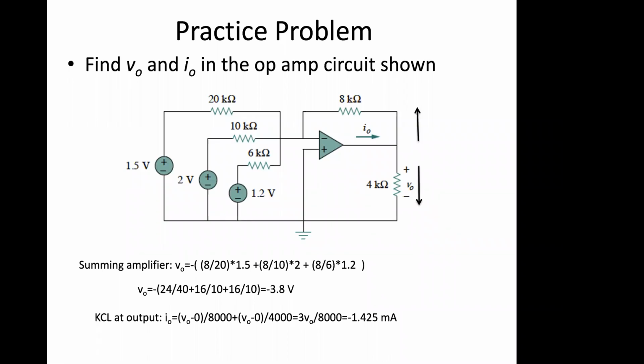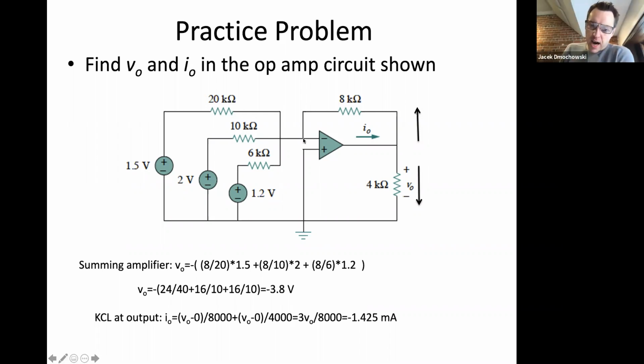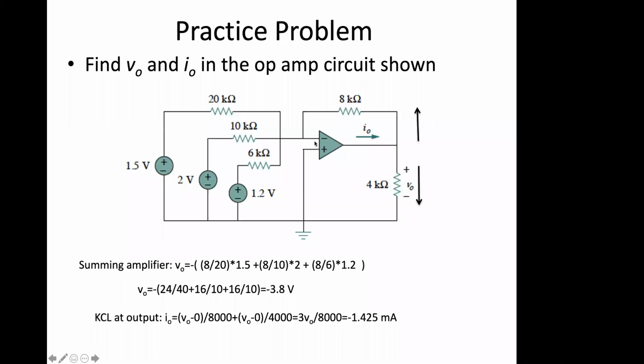When the current goes up to 8 kiloohms, why is the voltage 0? Oh, because of the ideal op-amp assumption, the two inputs are sitting at the same voltage. I see, thank you. No problem.